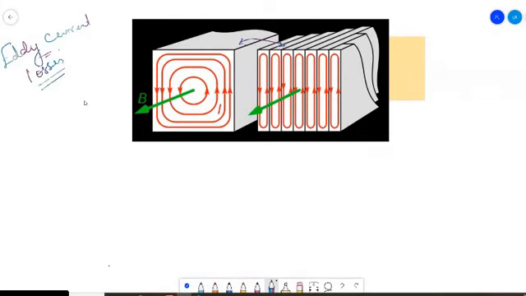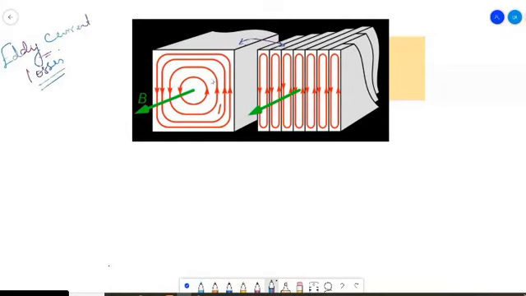The reason for doing this is to minimize the eddy current loss, because these eddy currents are a continuous motion of currents that you see here. Due to this nature of their flow, this repetition, that's the reason we call them eddy currents. These eddy currents are found on the surface.